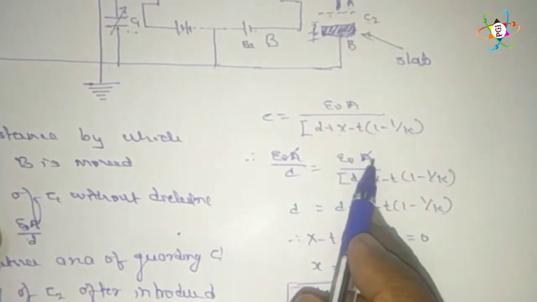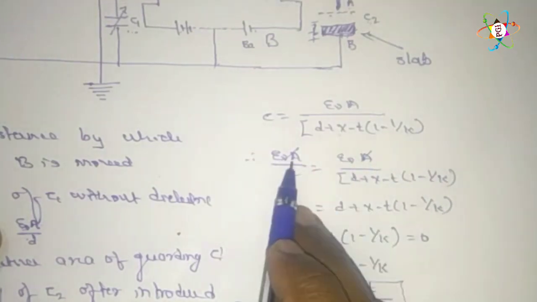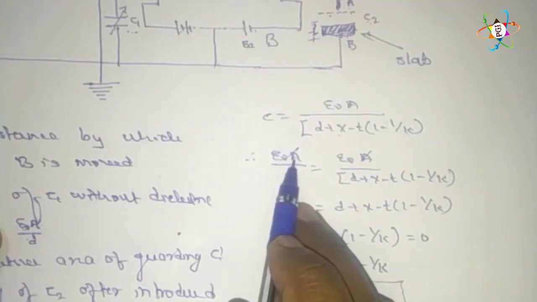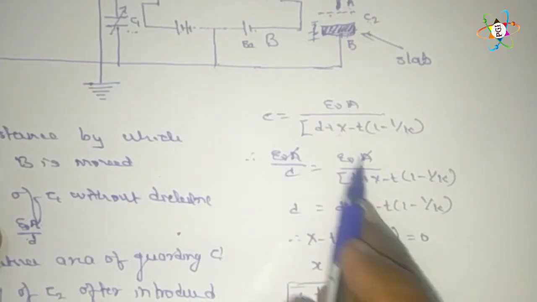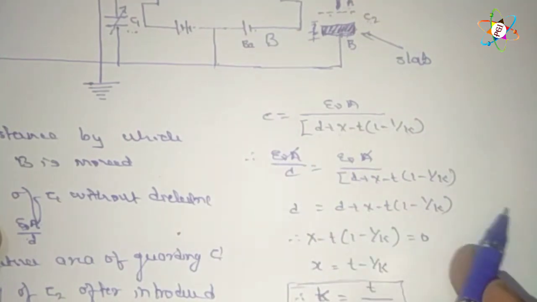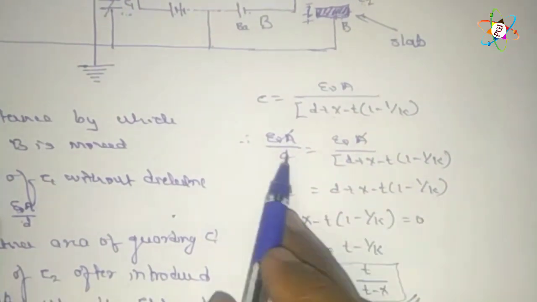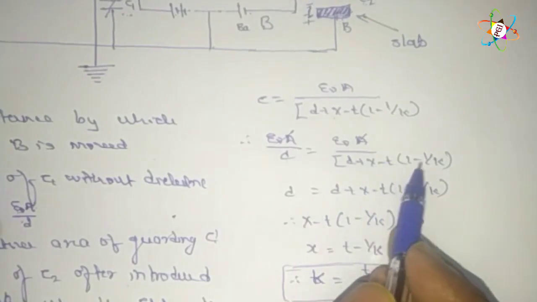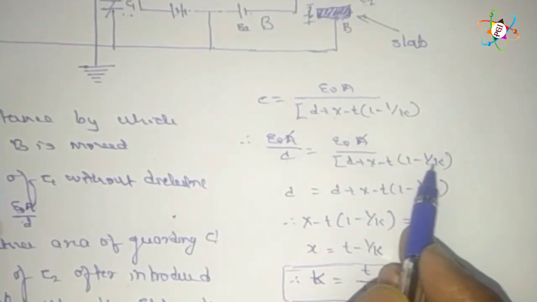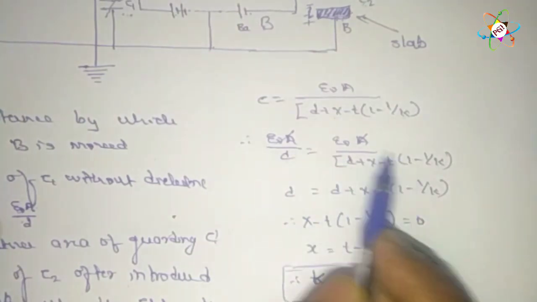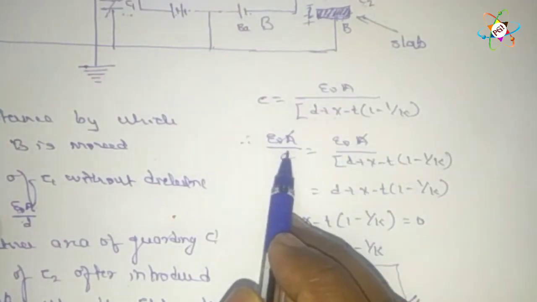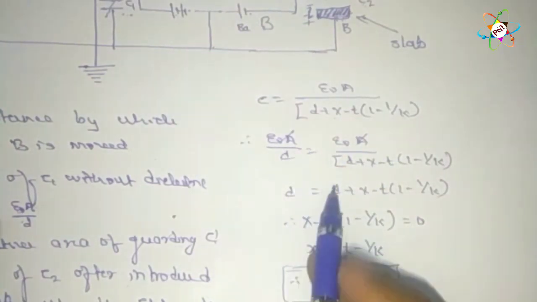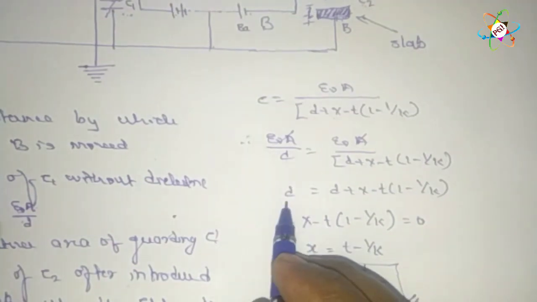Epsilon naught A and epsilon naught A cancel, so numerator and denominator cancel. Therefore 1 divided by D equals 1 divided by D plus x minus t into 1 minus 1 divided by K. Taking the reciprocal of both sides, we get D.